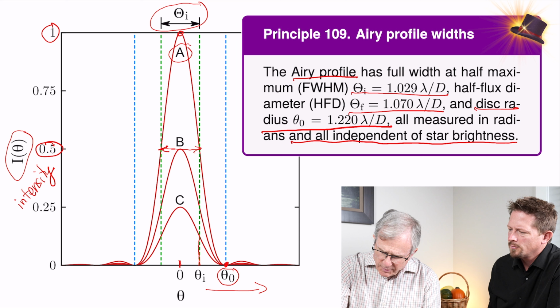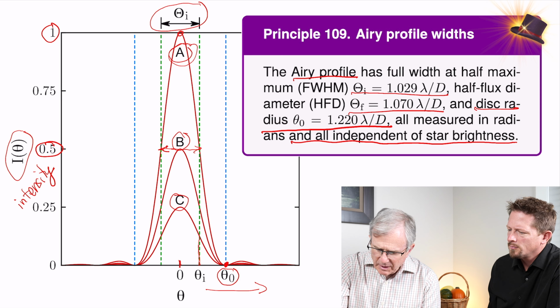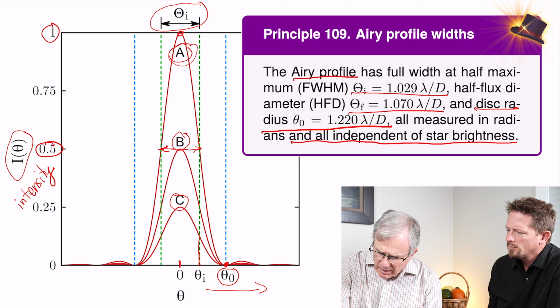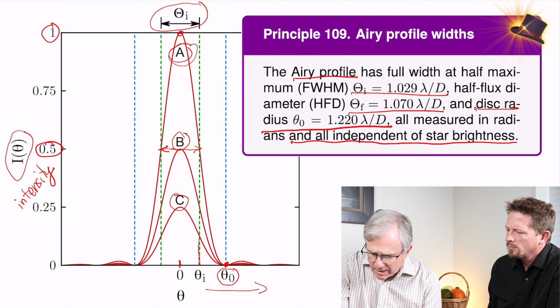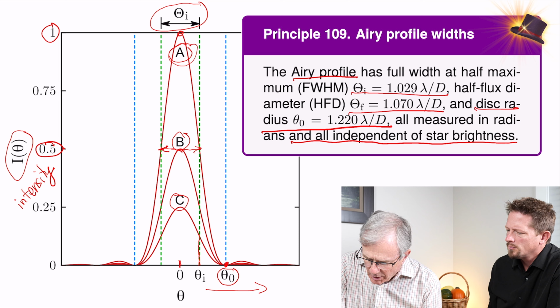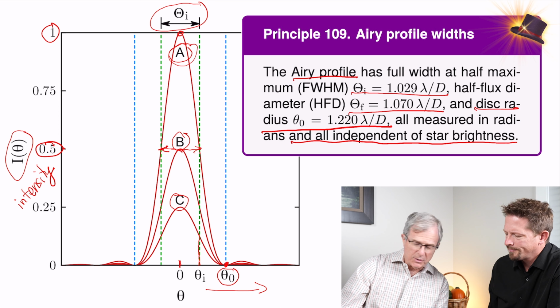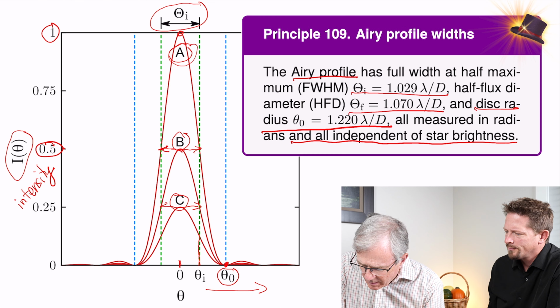In other words, if you've got 3 stars, a bright one, A, a medium one, B, and a dimmer one, C, you can see that star B, at half its maximum, still has the same full width. So star B reaches its maximum of 0.5. Half of that maximum is 0.25, right?